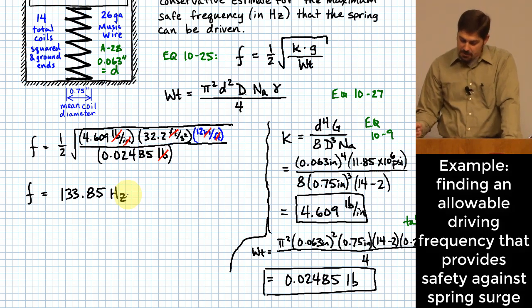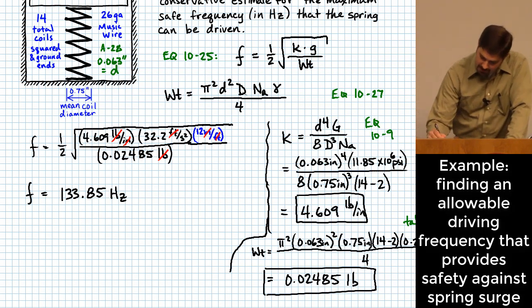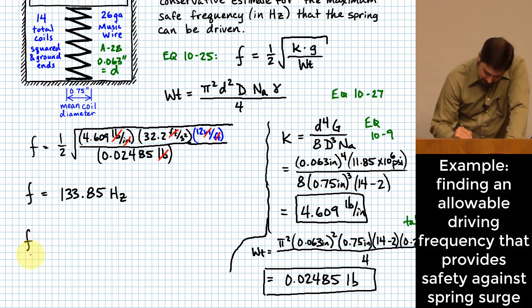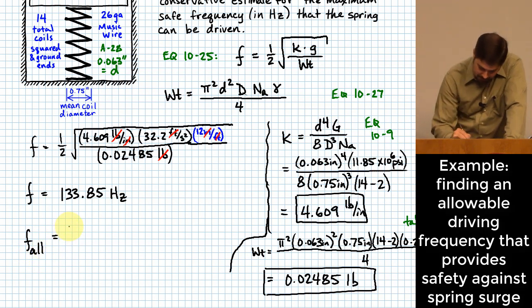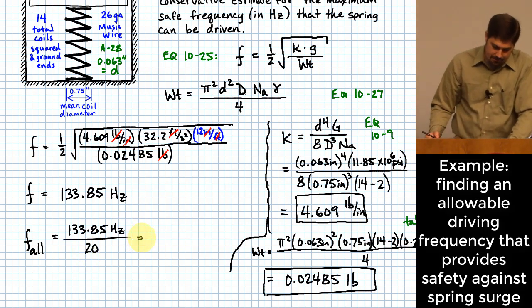So what is the most conservative thing for us to do? It says 15 to 20 times. In that range, 20 is the most conservative factor to apply here, and here's how you do it. This is maybe a frequency allowable. It's just going to be equal to 133.85 hertz divided by 20 as the most conservative estimate.